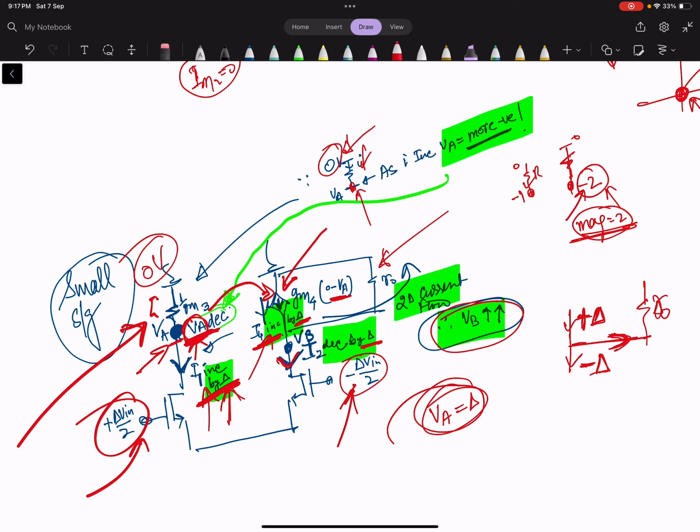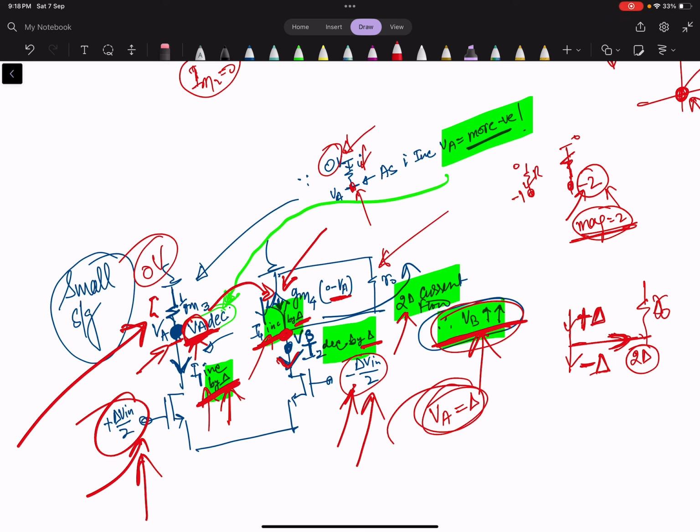In this direction the current will be increased by 2 times delta. Hope you are able to visualize what I wanted to depict. Because of that, what is the VB here? VB will increase. We are not calculating the exact value of VB, we are just visualizing what will happen if this voltage is increased and this voltage decreased.